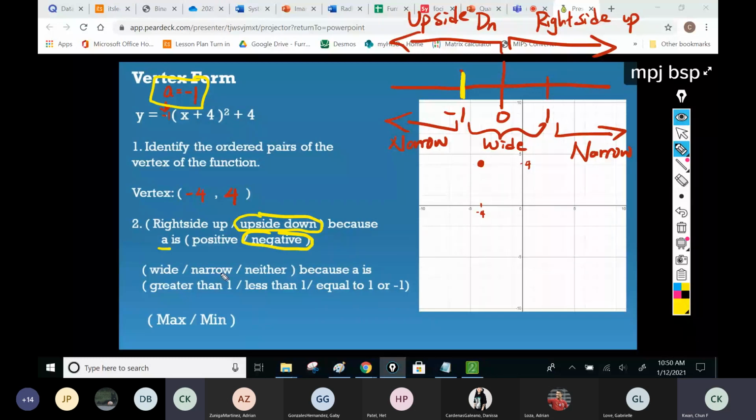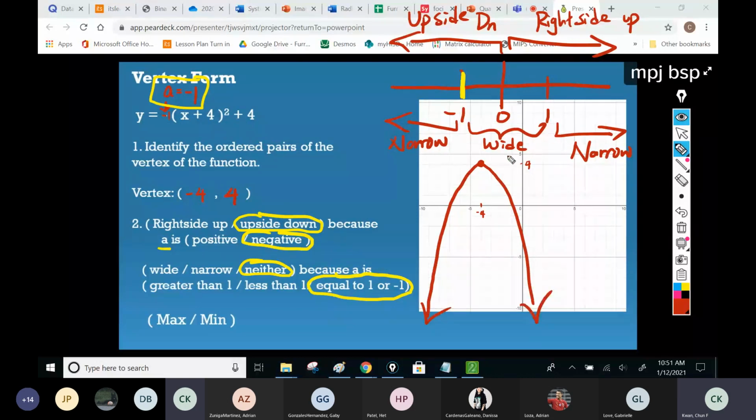It is neither wide nor narrow because a equals 1 or -1. So we need a graph that is upside down, not wide, not narrow. And then the graph is pointing down from the top, so that means we have a maximum, because the graph is pointing up.